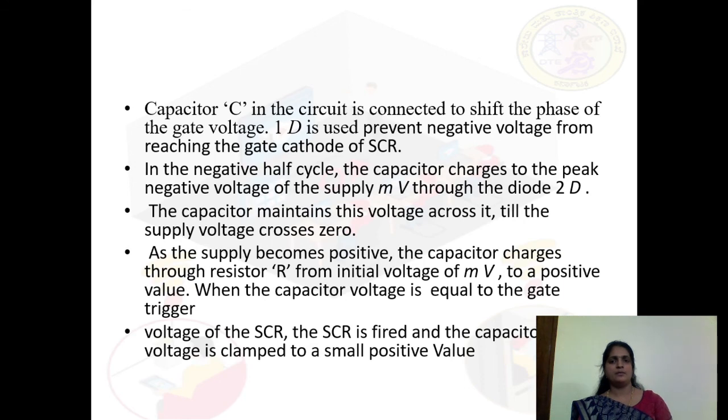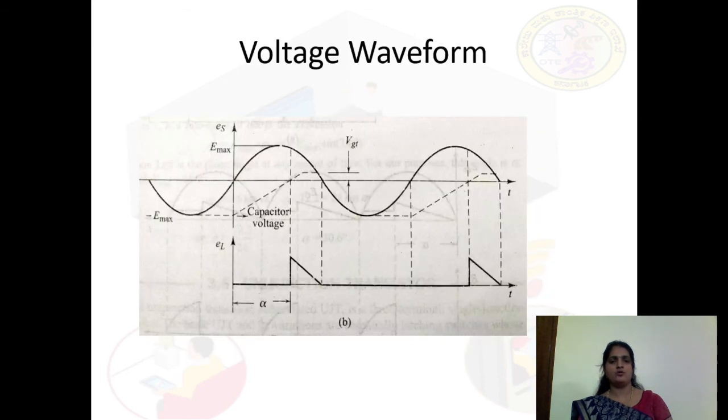The capacitor maintains this voltage until the supply voltage crosses zero. As the supply becomes positive, the capacitor charges through resistor R from the initial negative voltage to a positive value. When the capacitor voltage equals the gate trigger voltage, the SCR is fired and the capacitor voltage is clamped to a small positive value.